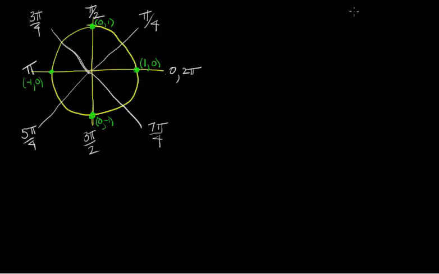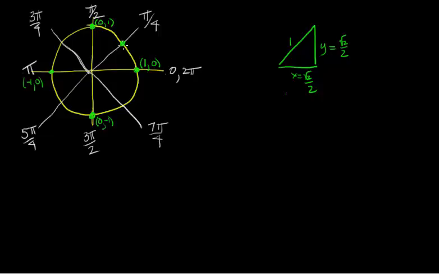Now for the multiples of pi over 4 that are not on the axes, every single one, if you drop a perpendicular to the x-axis in order to get the y and the x coordinate, well, y is the square root of 2 over 2, x is the square root of 2 over 2 because they're all 45-45 or pi over 4 triangles. So let's just take this one right here.